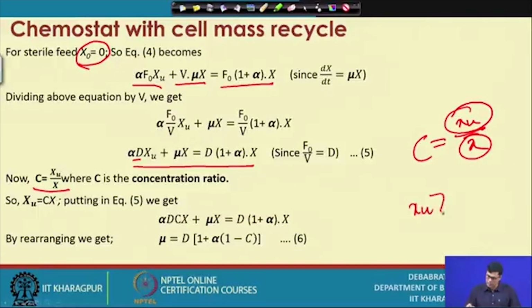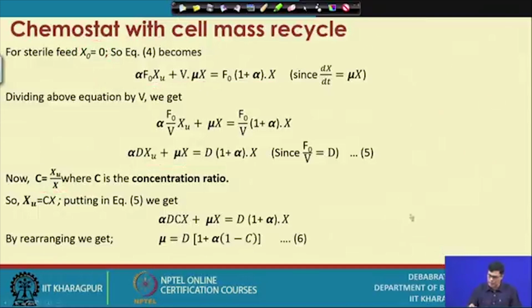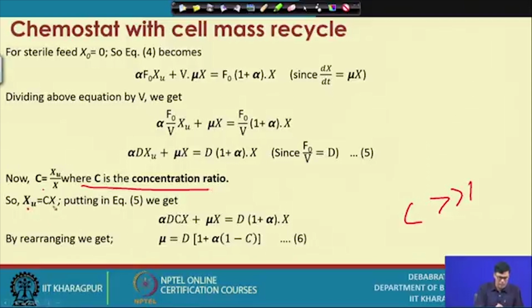XU is usually much higher than X, so I can always say C is much greater than 1, am I right? So, C is the concentration ratio. Now, we can write XU equal to C into X. We put this XU value as C into X, so this equation can be modified like this.